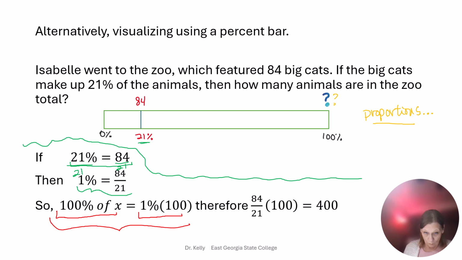So therefore, we can now say that 84 over 21 times 100 is equal to 400. Okay, so this is just kind of a really weird way of figuring out what that 100% is by using that 1% idea.